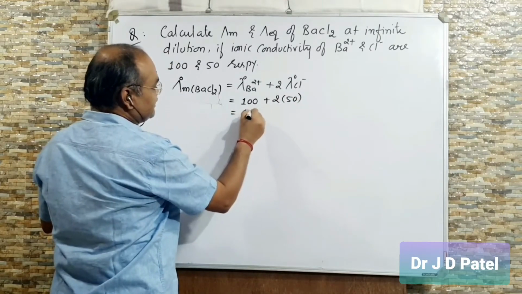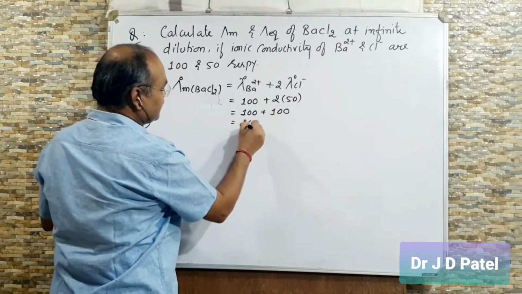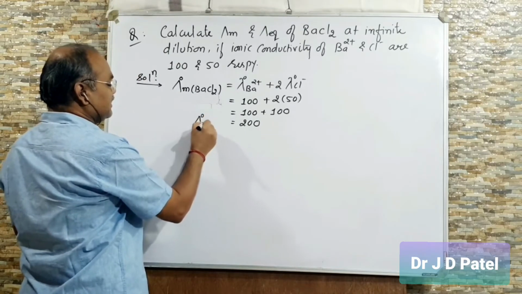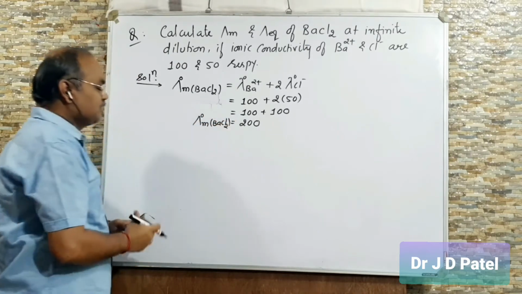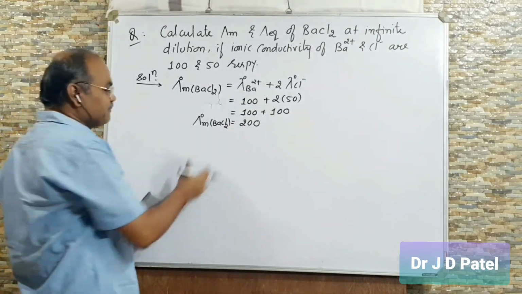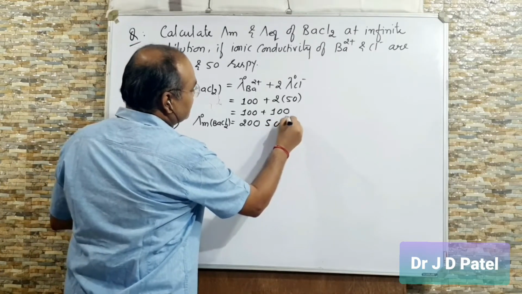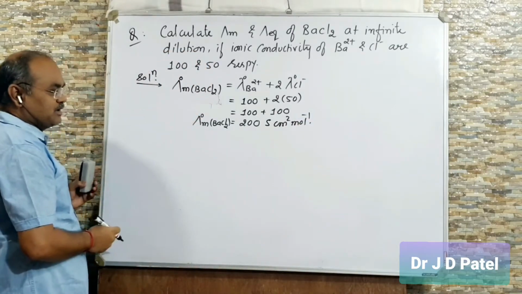So this will be 100 plus 100, 50 into 2, it will be 200. So this is your answer. Lambda 0 m for BaCl2, the molar conductivity of BaCl2, is 200 Siemens centimeter square per mole. You know the unit of molar conductivity.